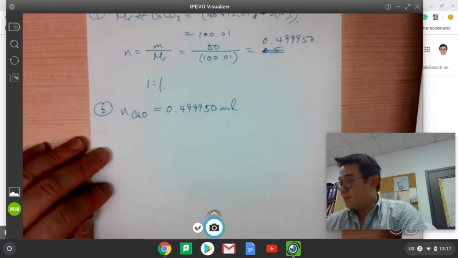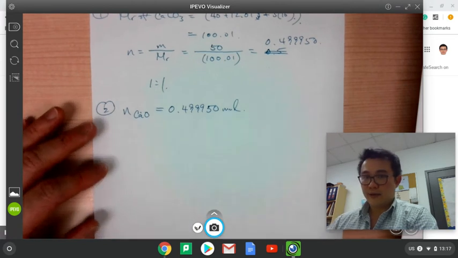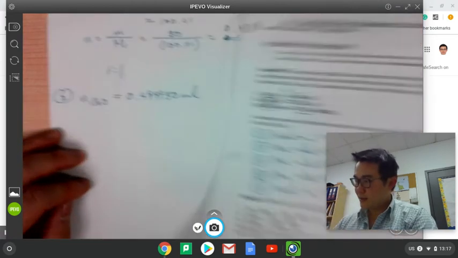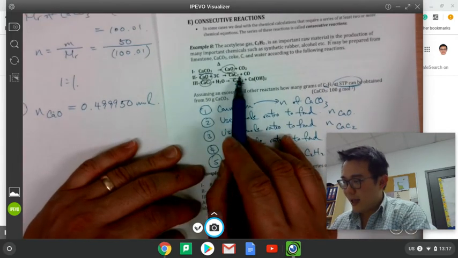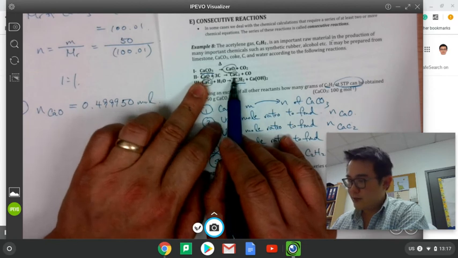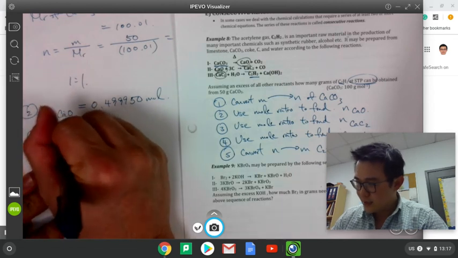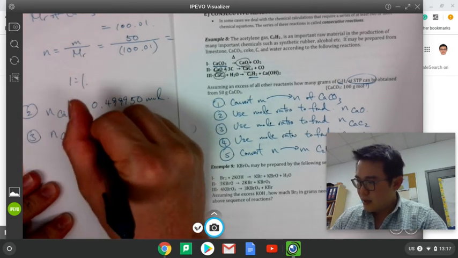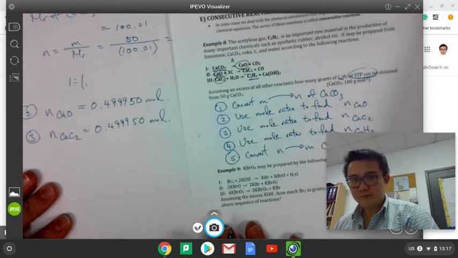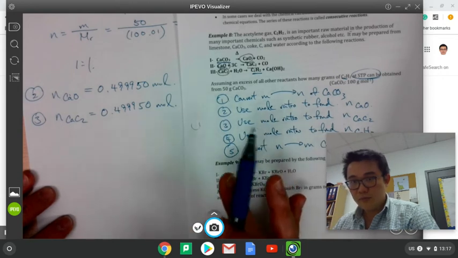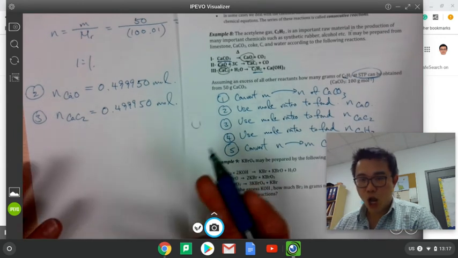This is only an example, so of course the numbers are going to be that easy. That's why I broke everything out in steps. Next part, again you use the mole ratio to find the next one. This is also a 1 mole to 1 mole ratio for CaC2. So again, the number of moles of CaC2 is also 0.49995 moles. If it is not 1 to 1, you will have to cross multiply, but it is not. It is just 1 to 1.